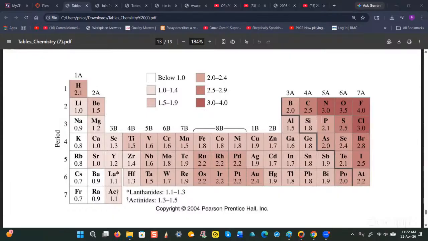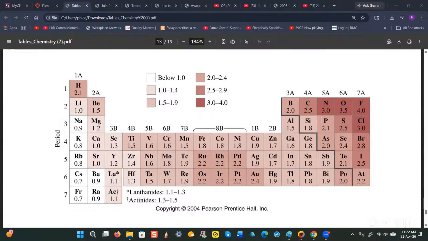The bottom of the graph that says lanthanide, does that just mean for those elements that it can be between 1.1 and 1.3? Yeah, the lanthanides are the elements. There's a special block for them. I think they call them the f-block elements that would fit into where this is.